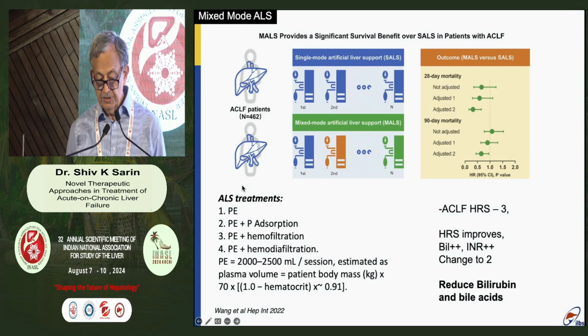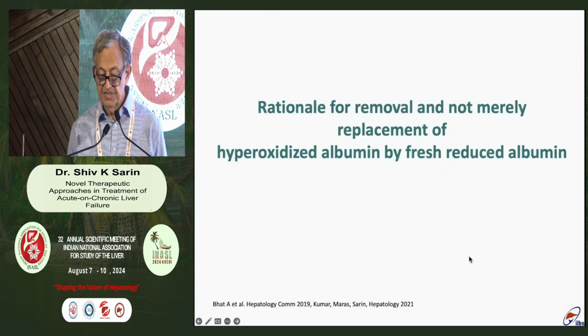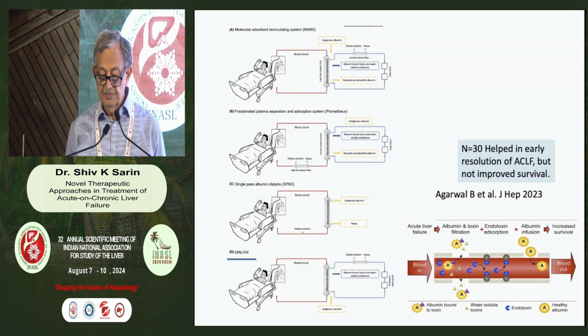So what you can do is plasma exchange plus hemoadsorption or hemofiltration, or you can combine any other modality. If you have 2 or more modalities combined, maybe you will remove more bilirubin and bile acids, and HRS can be prevented. Therefore, one more time, it is important to remove toxic albumin rather than keep on pumping.